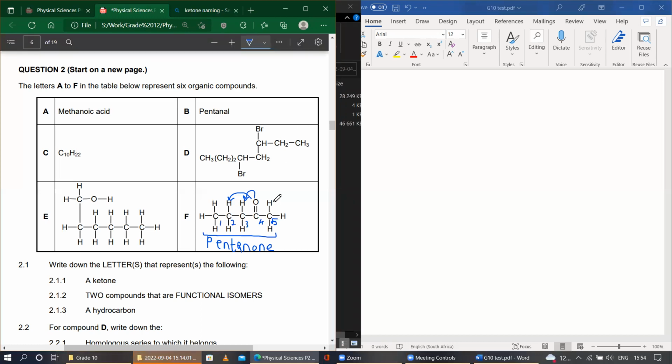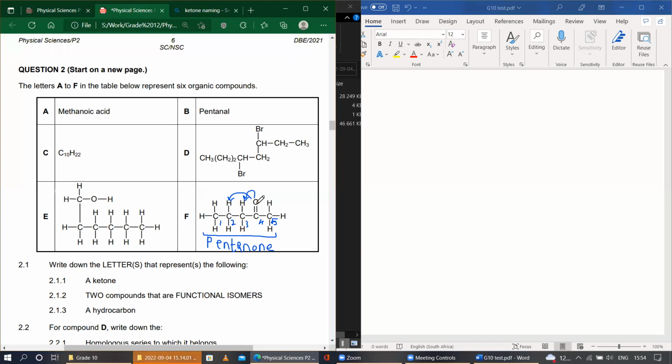In this particular case, they want us to move the oxygen to any other carbon that is attached to 2 carbons. But if you move this from carbon number 4 to carbon number 2, you're gonna start counting from the other side.